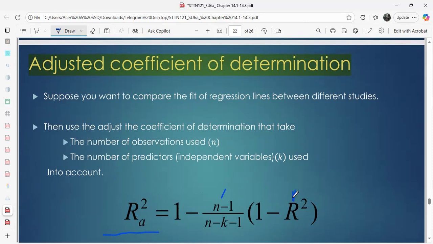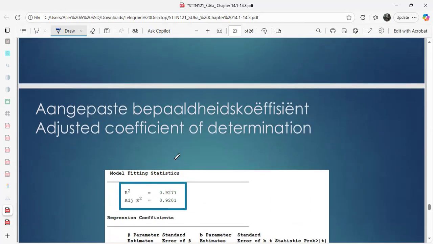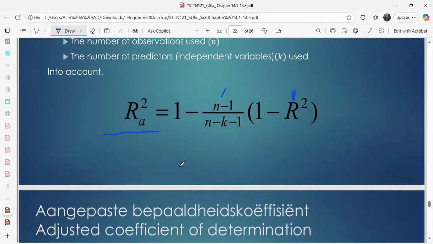That's the reason they call it the adjusted coefficient of determination. Even for this one, you will be given the output. On the output, you're going to check for n, for k, and for the coefficient of determination.